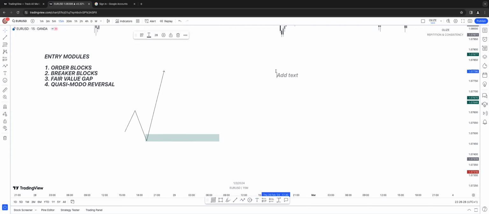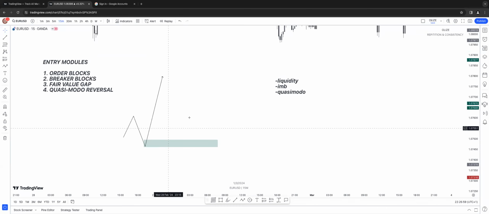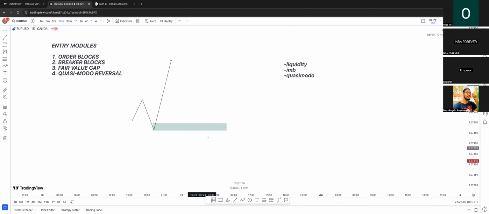Check out for liquidity, imbalance, and a Quasimodo. This is basically your algo market structure, having your sweep and break, also your inducement as well. Then you spot your order block to be your buying POI.